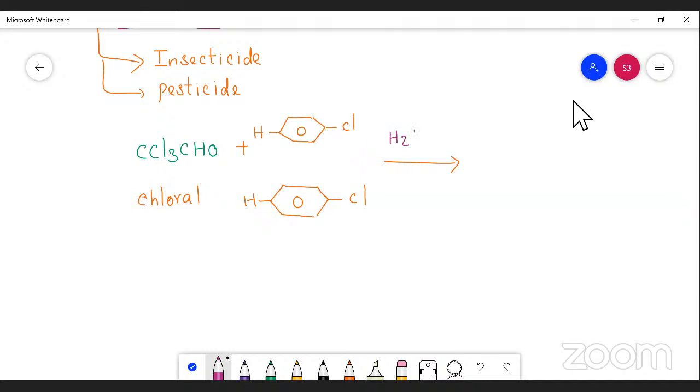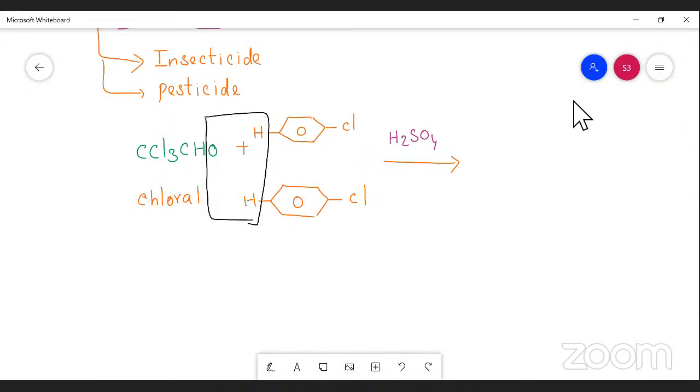Sulfuric acid is utilized for hydrolysis and also dehydration. So what is the process here? We remove the water molecule. Then what is the product here? We are getting that.